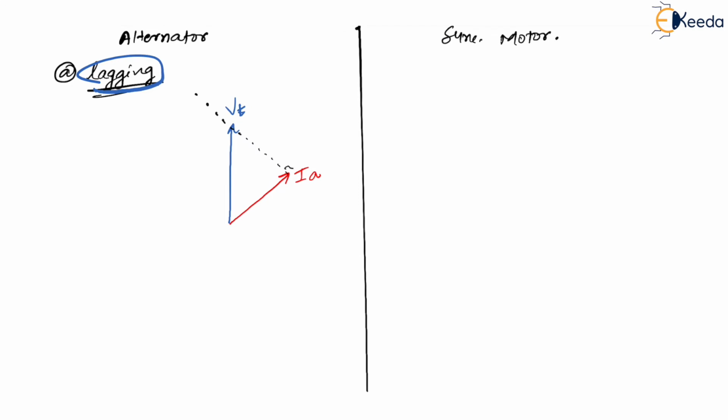Like this, 90 degrees to this one. So, if my IA is in this direction, then my voltage has to lead, correct? In inductance, what happens? Voltage leads the current. You know that, correct? So, definitely my IA XS is going to be this way. This becomes my IA XS, correct? This is my IA XS.